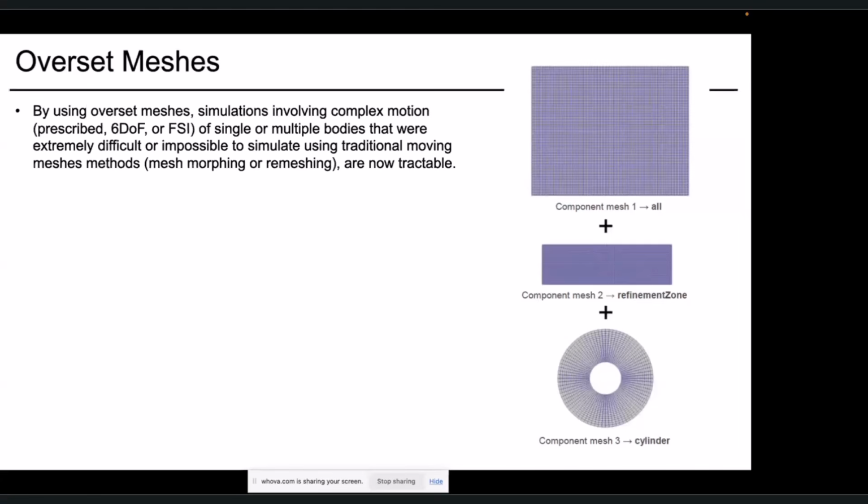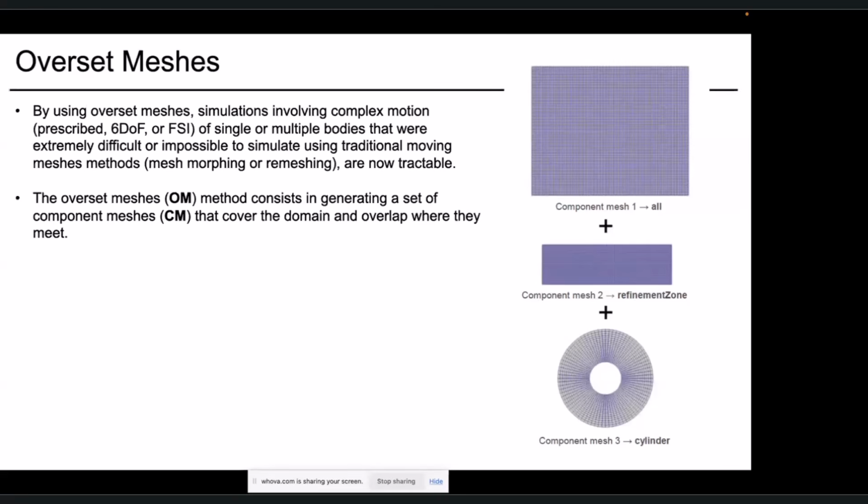Using this overset mesh, we can carry out simulations involving complex motions such as 6 degree of freedom and FSI. In this case, none of these component meshes deform or morph. So we can incorporate any degree of displacement that we want to, which will not lead to the divergence of the solver. However, we have to keep in mind when we use this overset method, we have the inherent interpolation involved, which incurs some of the numerical errors that we have to be well aware of.